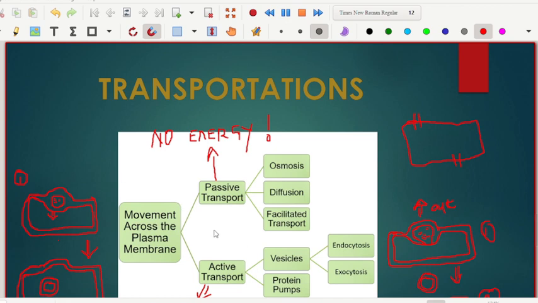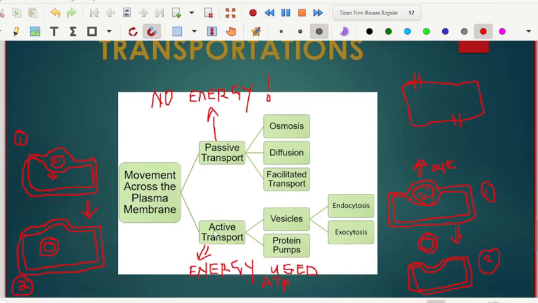You need to understand, when a cell is transporting things inside or outside the cell, it's either using energy or not. If no energy is associated, that is passive transport. Those are the types: osmosis, diffusion, and the other.